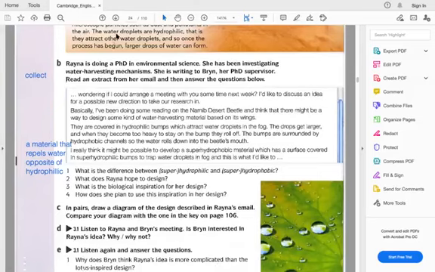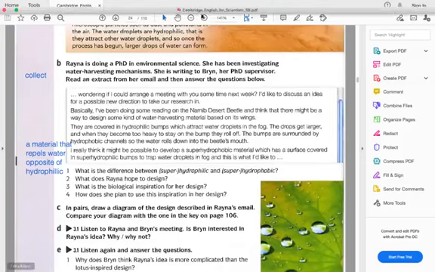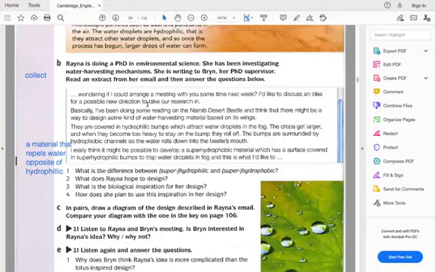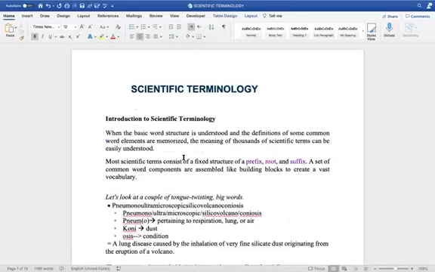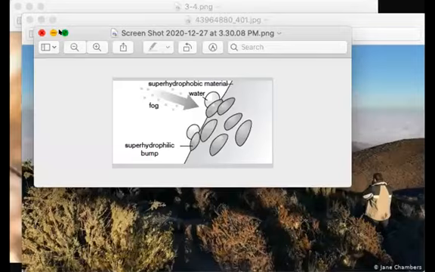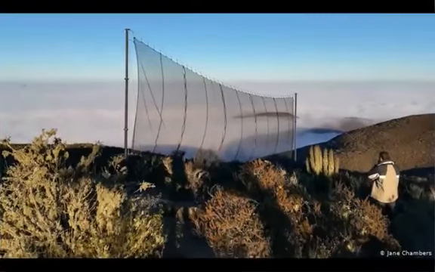Let's see a picture of this beetle. All right.